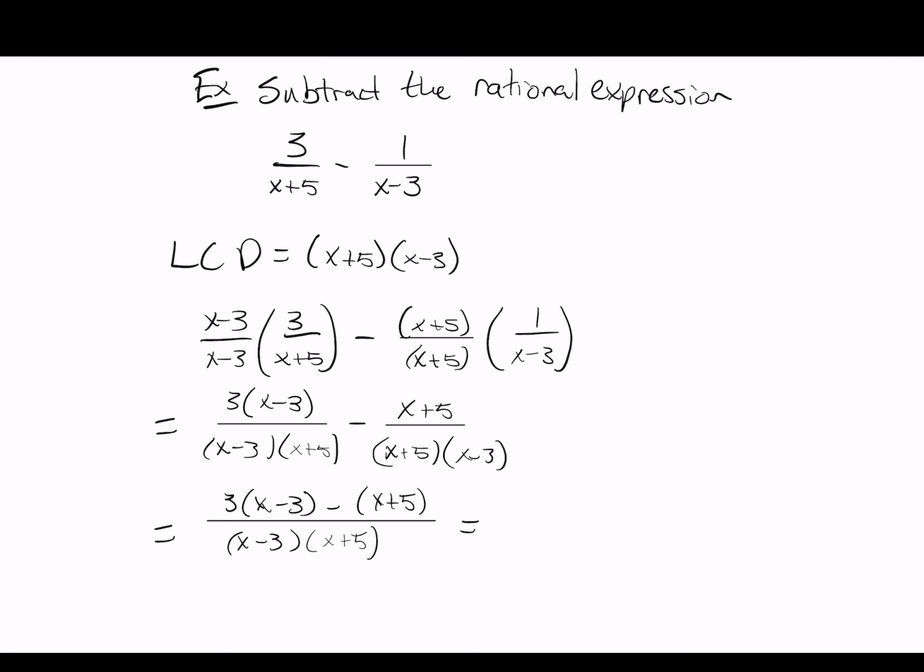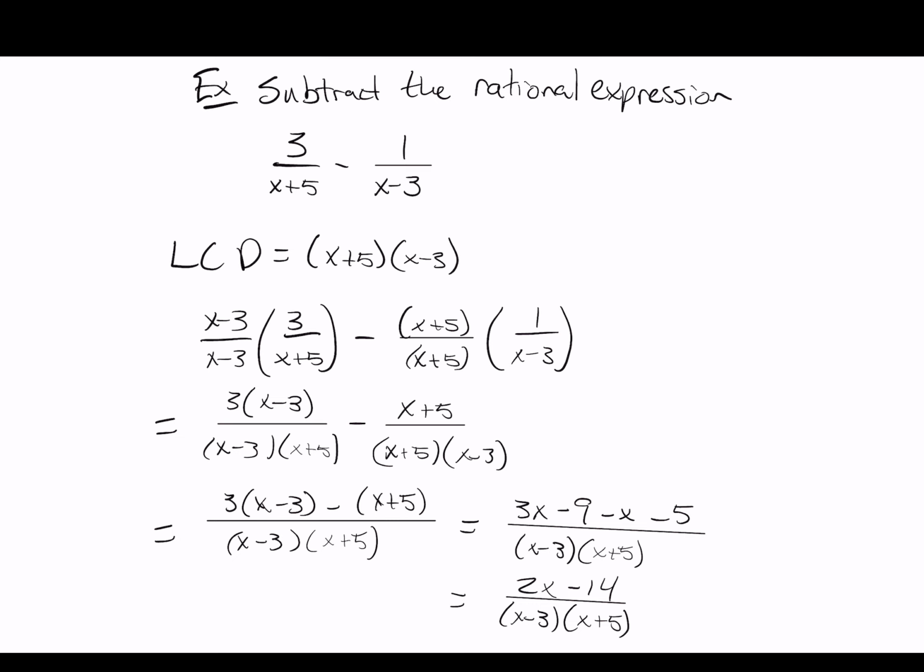Then distributing, we get 3x minus 9 minus x minus 5 all over x minus 3 times x plus 5. And then we can combine like terms. 3x minus x gives us 2x. Negative 9 minus 5 is negative 14, over x minus 3 times x plus 5.